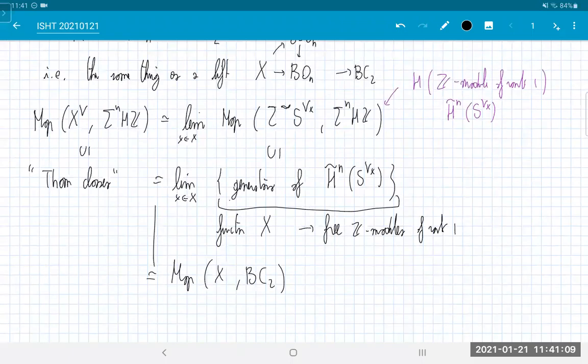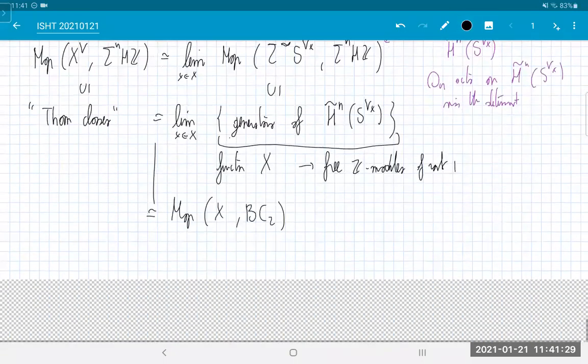And yeah, the first observation is that O_n acts on H tilde n S^V X via the determinant map.